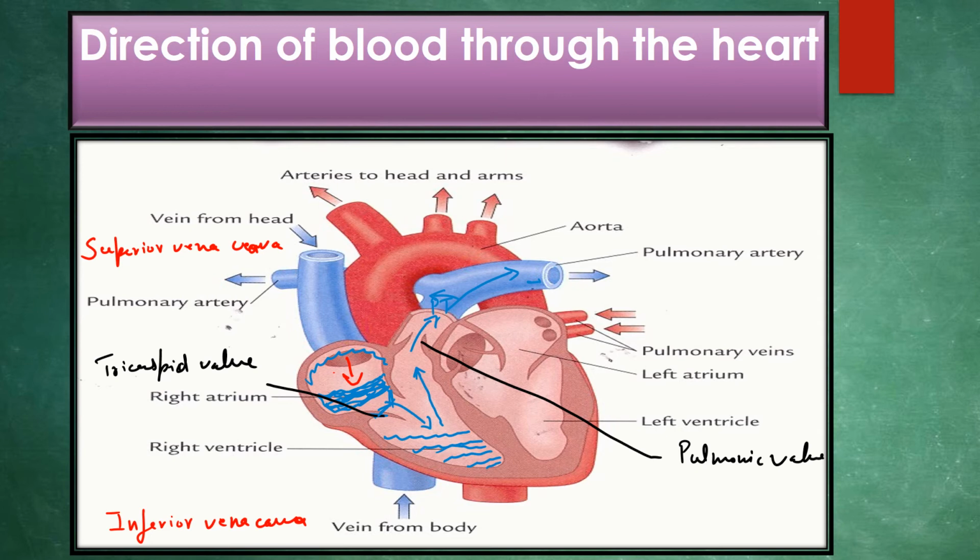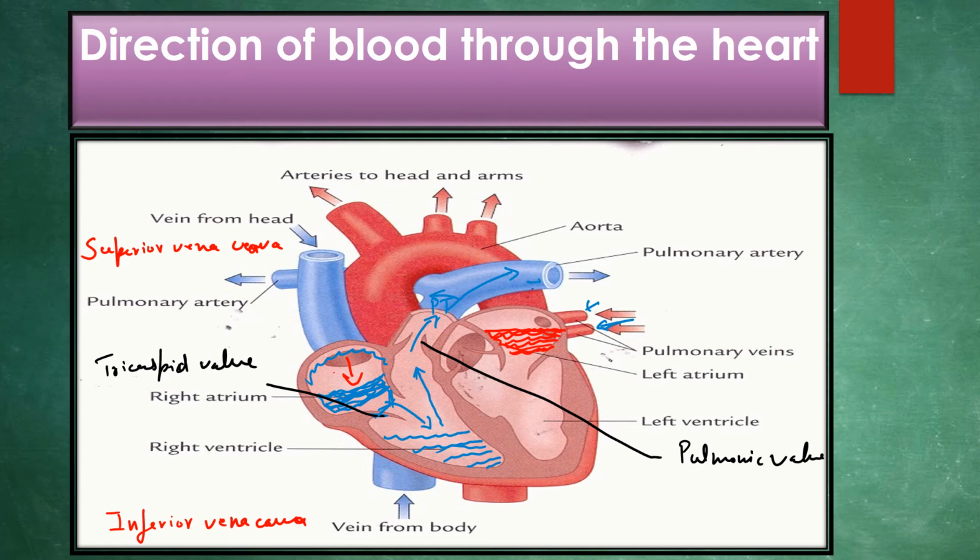Now the blood is oxygenated, an oxygen-rich blood, and this blood comes back into the heart from the four pulmonary veins. These veins drain all the oxygenated blood into the left atrium.